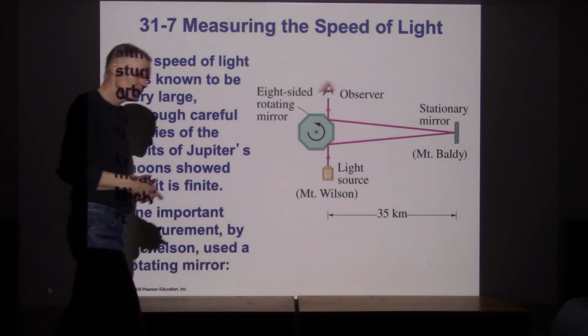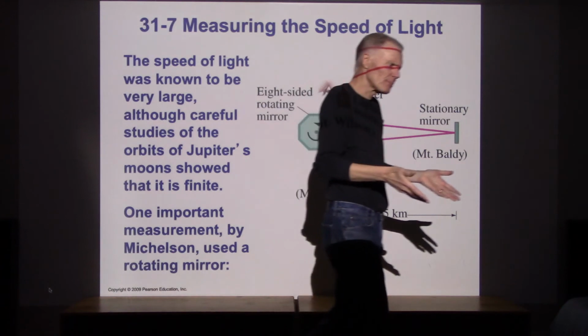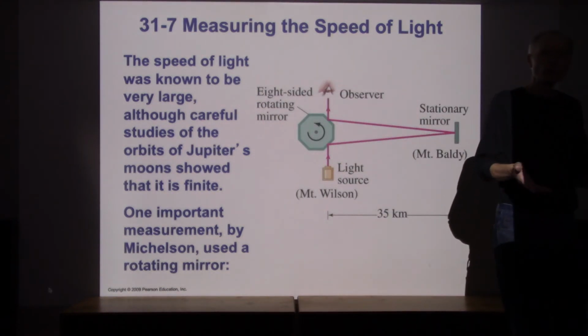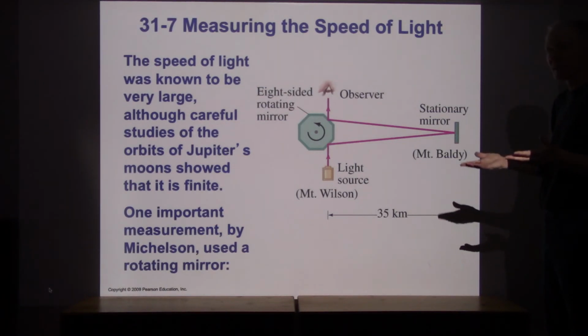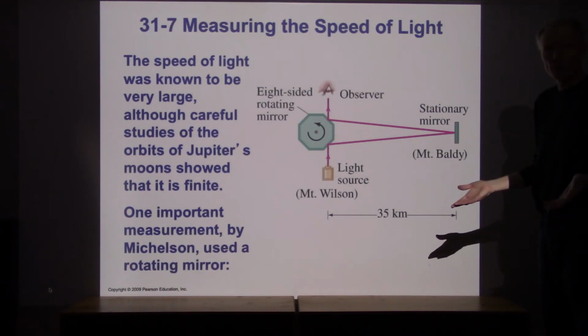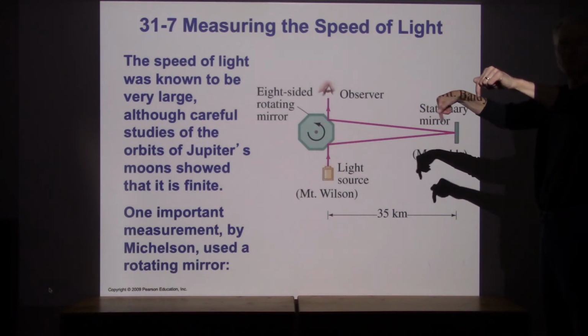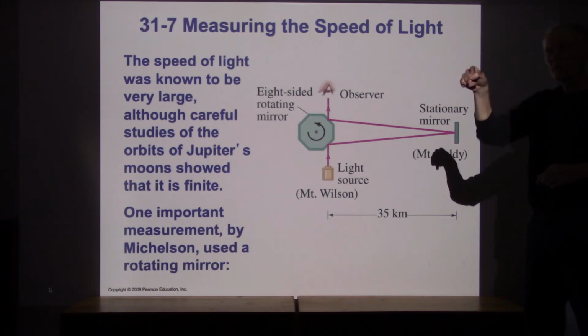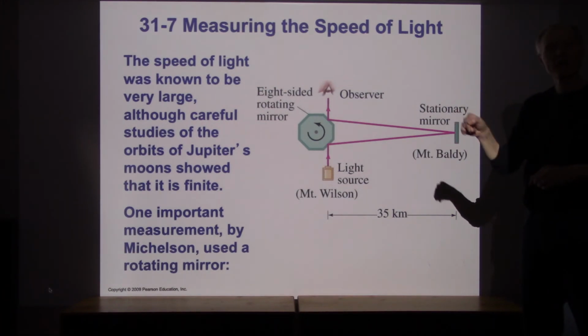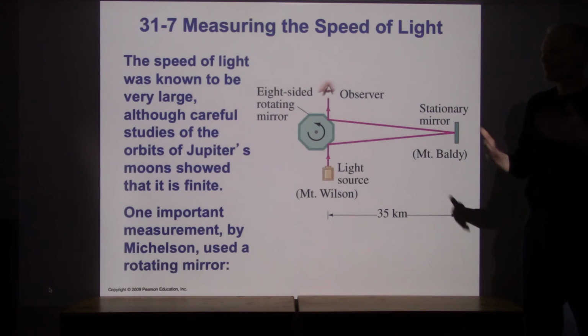And I want to say it was a Danish astronomer, I'm not sure, Romer, who figured out that what they could be observing was the finite propagation speed of light. Up until that time, people had done experiments, Galileo did experiments with lanterns on different mountains, trying to determine how much time it took for light to travel back and forth, and all the experiments had been inconclusive.